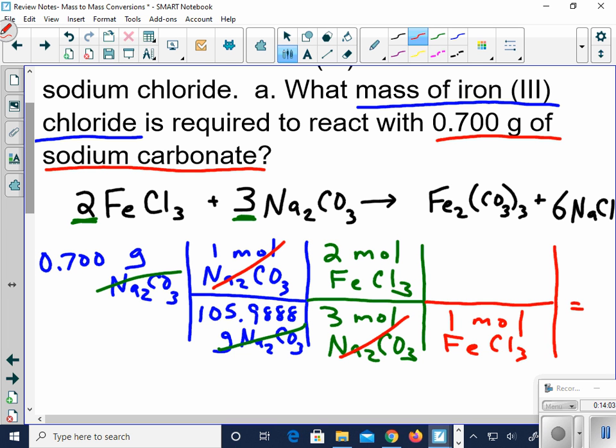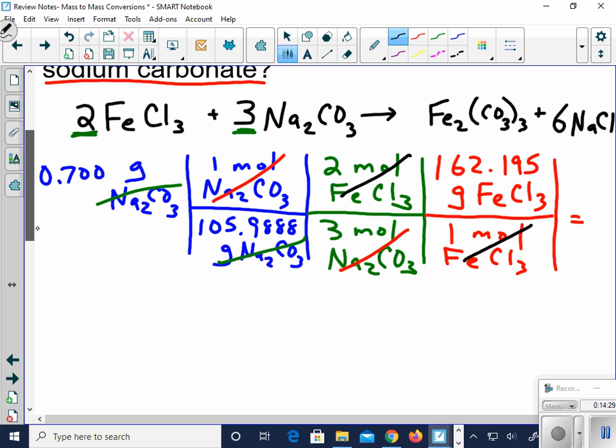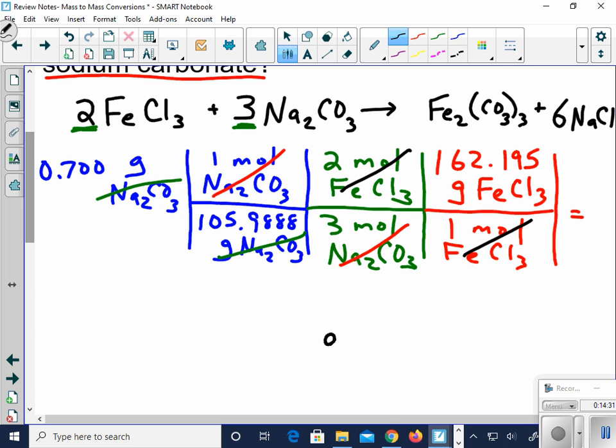Well, if I take 3 chlorines and 1 iron, I come up with 162.195 grams of FeCl3. So my moles cancel. My label now is going to be in grams of FeCl3.